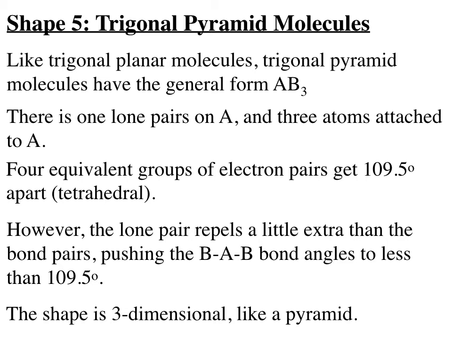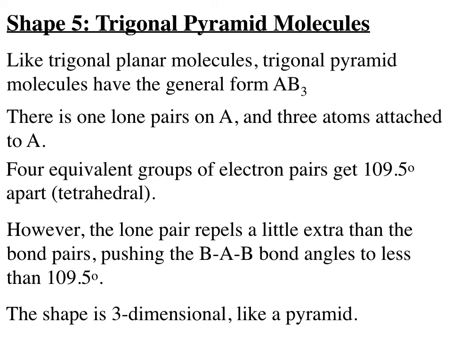Now, 1 non-bond pair, 3 bond pairs would be 4 total pairs of electrons on the central A. Before we saw that 4 pairs were tetrahedral. They got as far apart as they could by using the 3rd dimension of space and pushing 109.5. But since one of these is a non-bond pair, it's pushier.